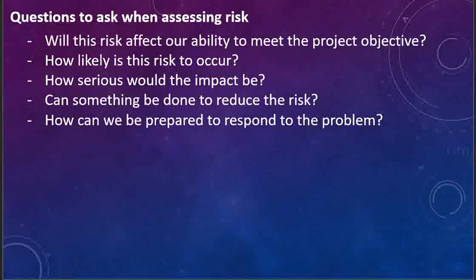We are going to look at it in this class. How can we be prepared to respond to this problem? When we say this problem is likely to happen and it has a serious impact, then we have to respond to it. So how are we going to respond to this problem?